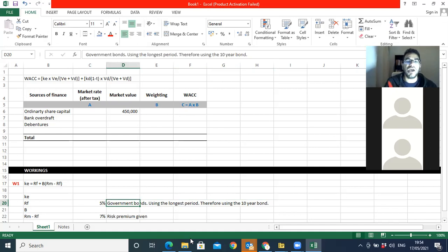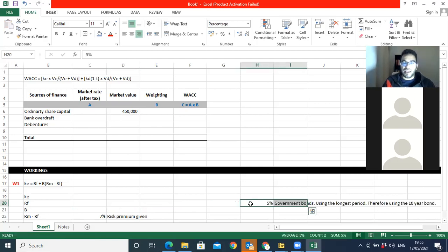Now, like I said, WACC is not specific to a particular investment. WACC is the general cost of finance. So I'm not sure how you're going to pick that up. Maybe you must ask your lecturers for clarification: because WACC is the general cost of finance, why do they calculate WACC based on a specific investment? So they are using a 4-year government bond. I'm just going to put this on the side.